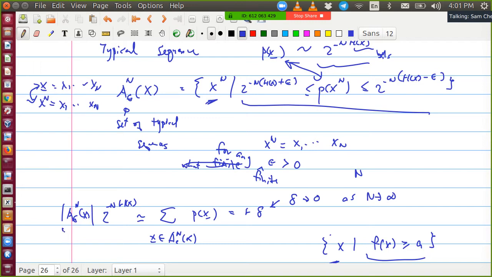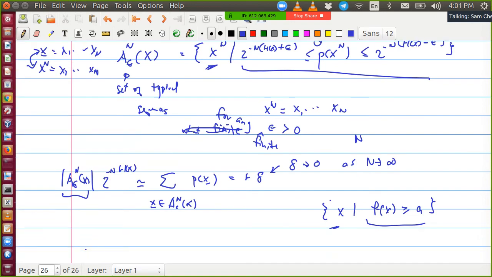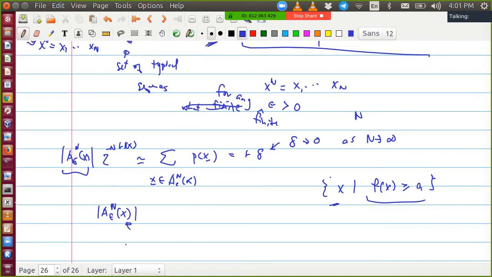That's the number of typical sequences. That's the size of the set. So the number of typical sequences will be approximately 2 to the nH(X), times 1 minus delta.